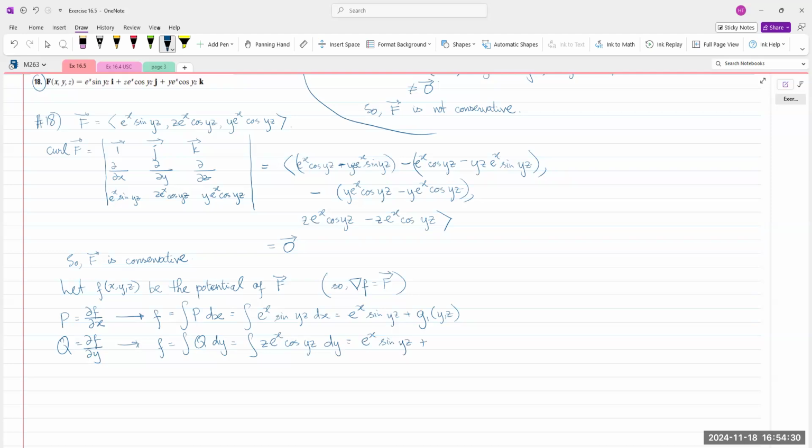If you do the derivative of that with respect to y, you will get cosine with extra coefficient z, right? Plus g2 of x and z. Finally, the third component R is the partial of f with respect to z. Therefore, the function must be the integral of R dz. That's the integral of y e to the x cosine yz dz. Oh, that's the same thing, huh? So we don't have another function, basically.